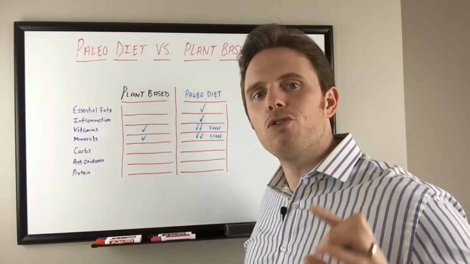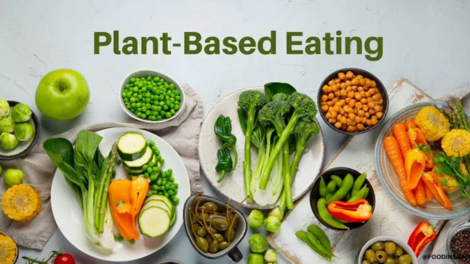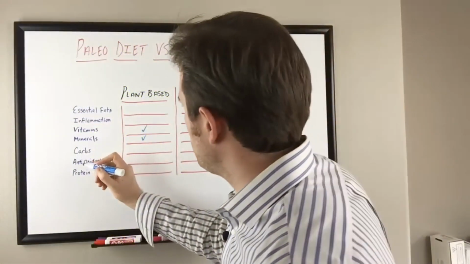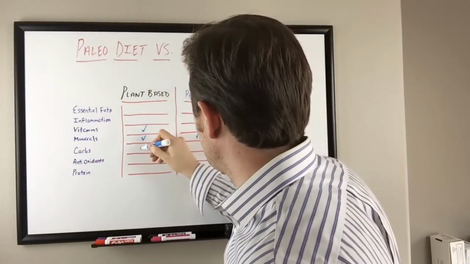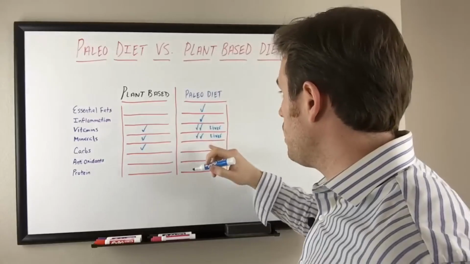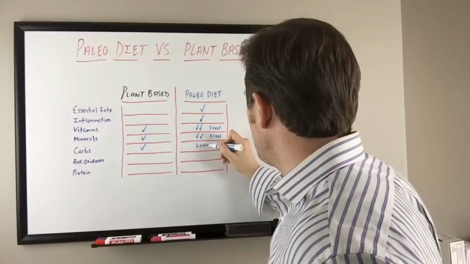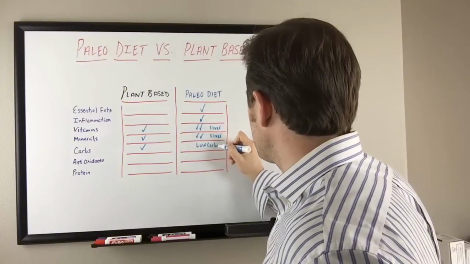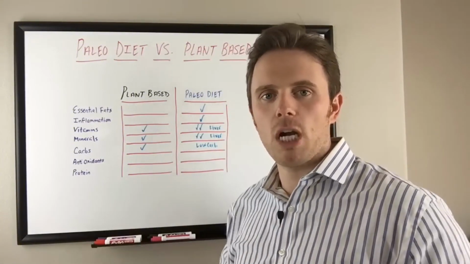So when you're consuming a plant-based diet, you tend to go higher in carbs. So if we look at this here, we're going to be high carb here. We're going to be much higher in carbs on a plant-based diet, where here we have the ability to go lower in carbohydrate, because when we eat animal products, we're primarily getting the proteins and the fats without all of the extra carbohydrates.